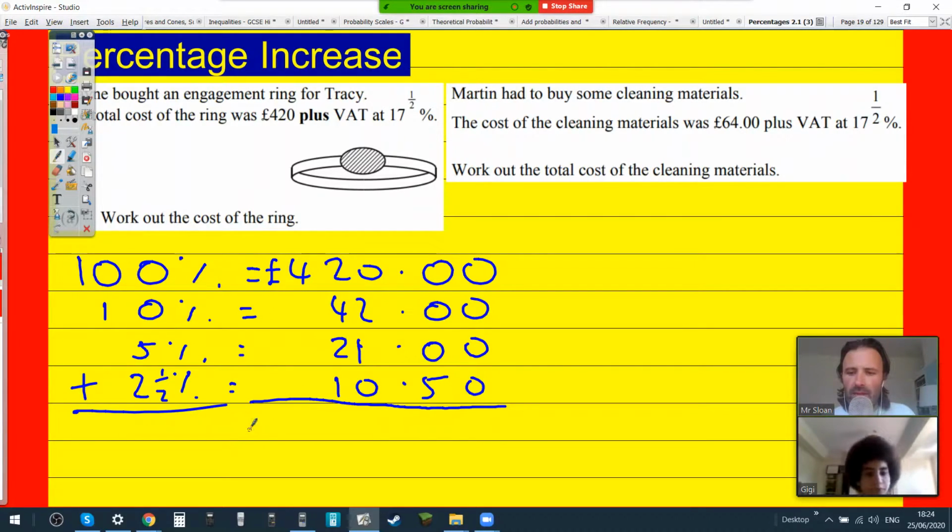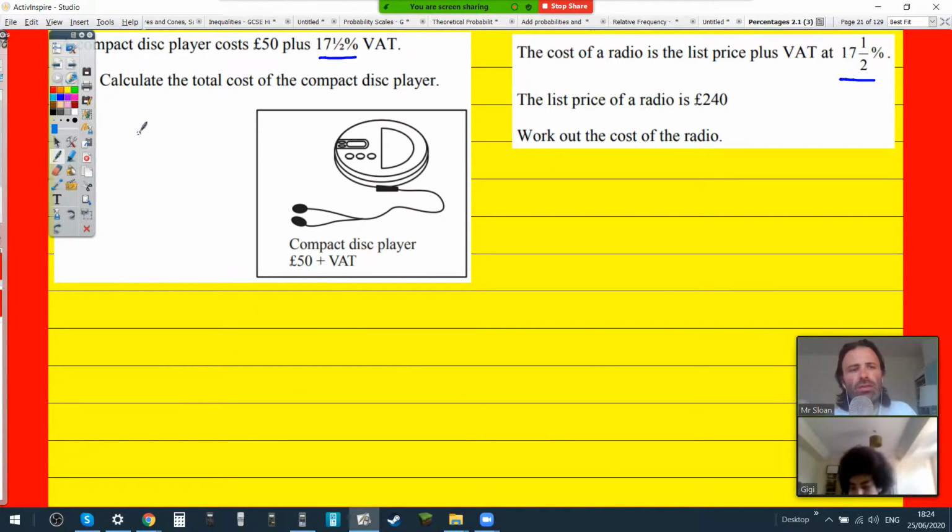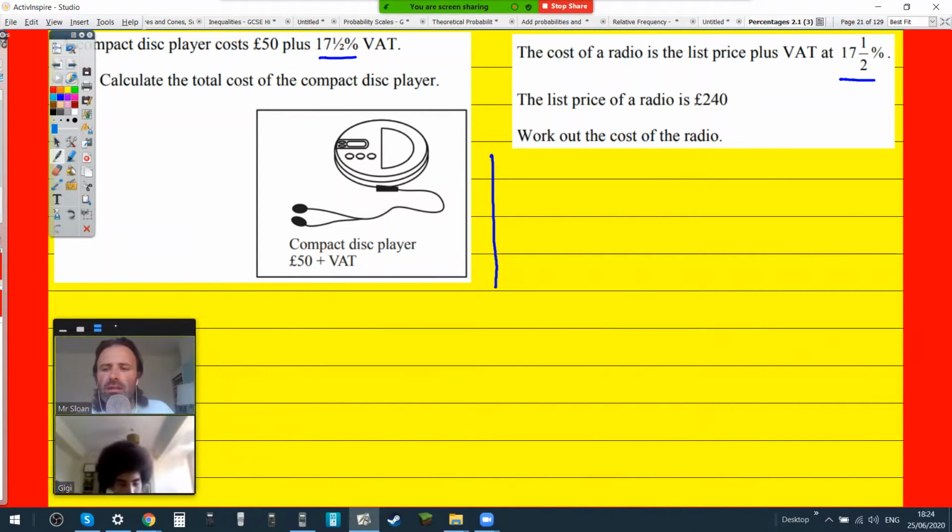Thank you. All right. And so add those up, and you get £493.50. Okay, so we'll try this one on the left. Now let's try the one on the right. It's got a bigger number.